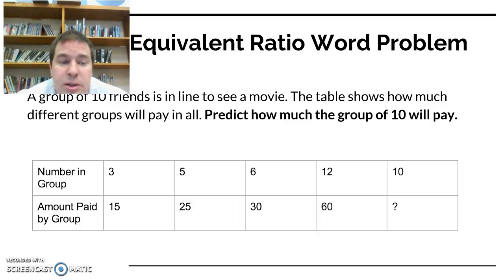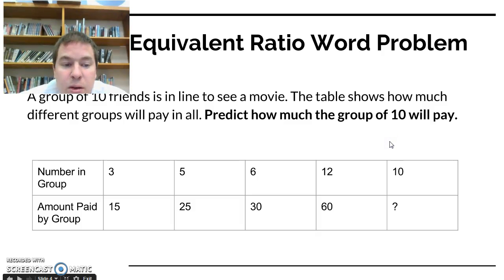So if the ratio is that for every one person they pay $5, then for a group of 10, we take the top and multiply it times 10, and take the bottom, which is 5, and multiply it times 10. So for 10 people, you're going to pay $50. The amount paid by the group of 10 is going to be 50.